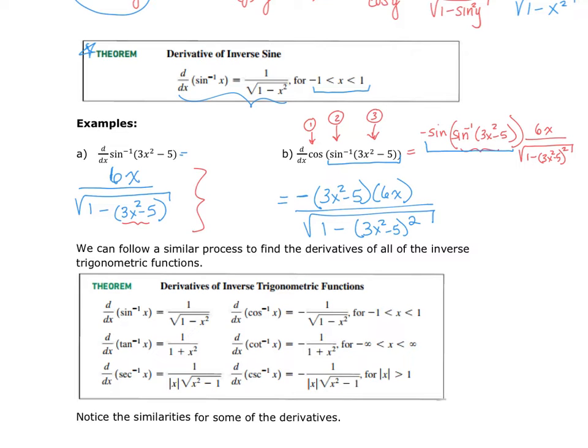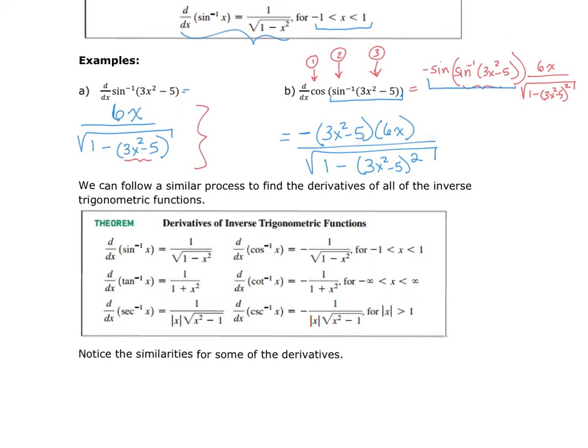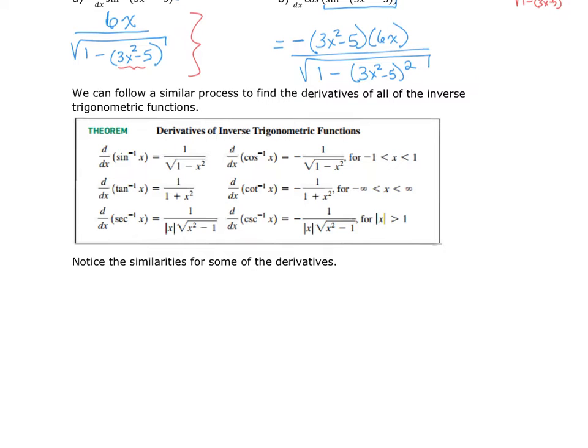We can follow a similar process to find the derivatives of all of the inverse trig functions, but I want you to pay attention to a couple of things. The derivatives of the inverse co-functions are opposites. For example, if the derivative of inverse sine is 1 divided by the square root of 1 minus x squared, then the derivative of inverse cosine is going to be the negative of that.